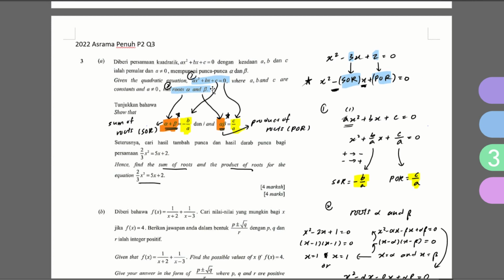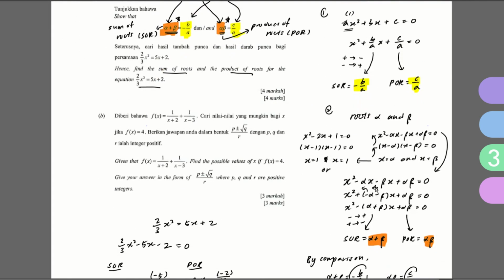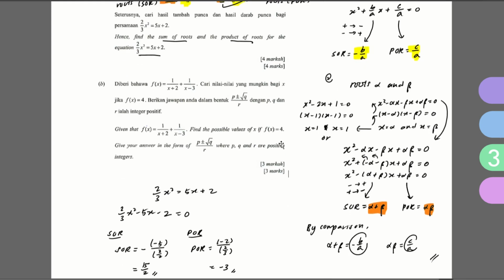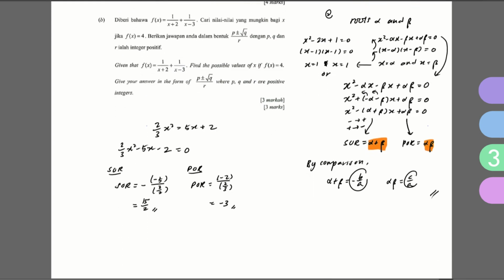It shouldn't be negative alpha, negative beta. So no choice, we have to pull out the negative. Then inside here, it will form the SOR that we want, which is alpha plus beta. So whenever we are going to pull out our SOR, make sure we change from positive to negative or the other way around. So let's move on to part B.